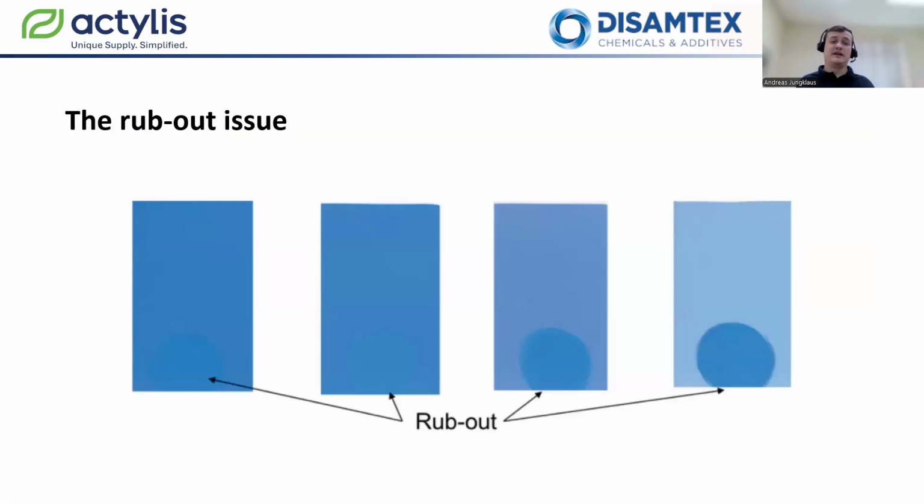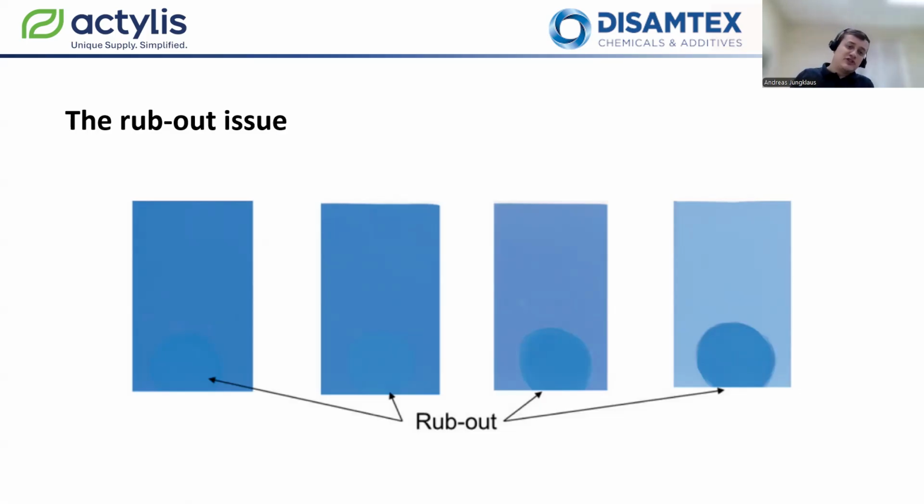And how do we manage to evaluate the presence of a good wetting agent? So the answer is through a rub-out test. And the rub-out test highlights differences in pigment dispersion and wetting within a coating film. So when part of a freshly applied paint film is rubbed, the mechanical action of rubbing improves local pigment wetting and dispersion.